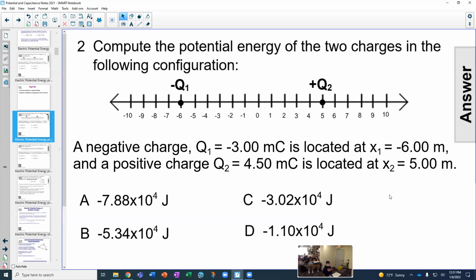John and Finley, if you want to type your answer into the chat, that'll work. Find a space where it's not covering over things.